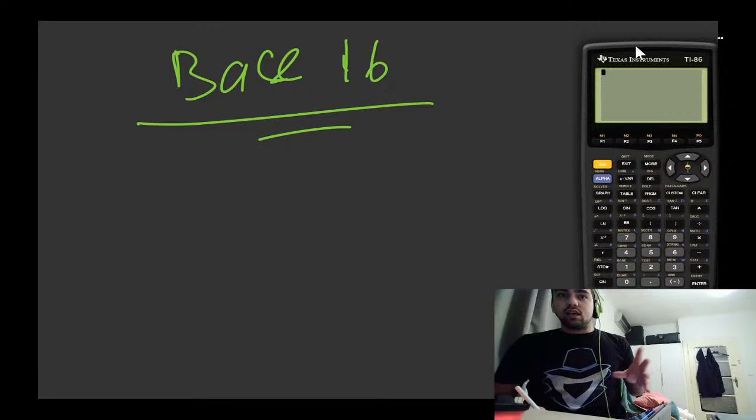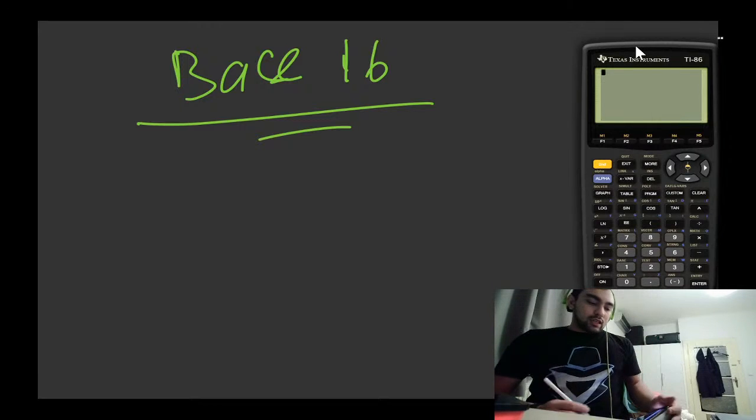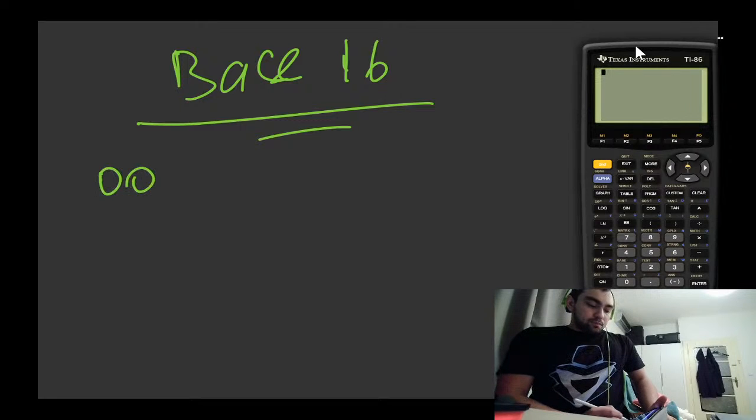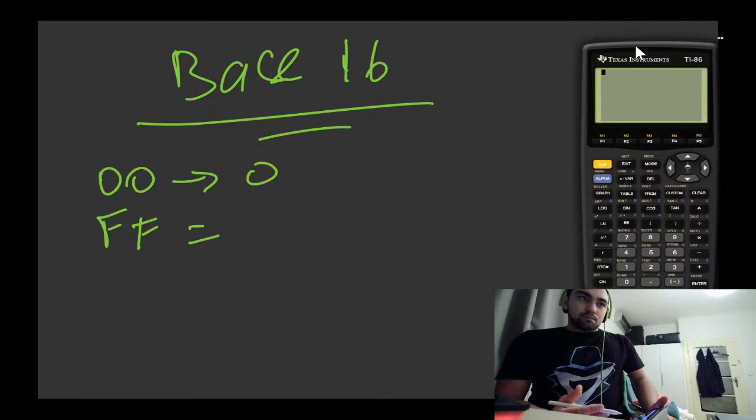any 8 bits, using at most only 2 digits. This is really important. So 00 is 0. FF is going to be the last.